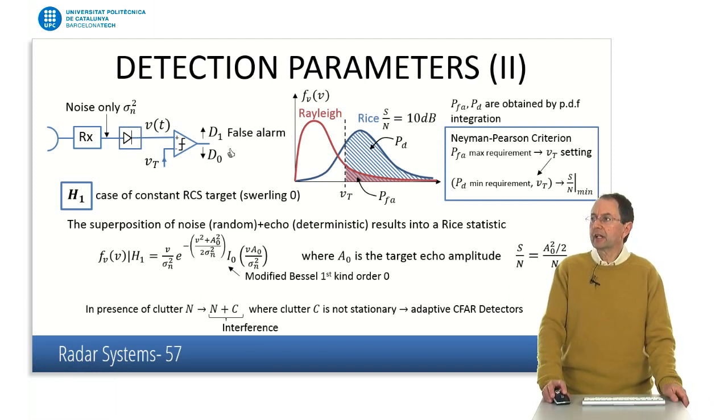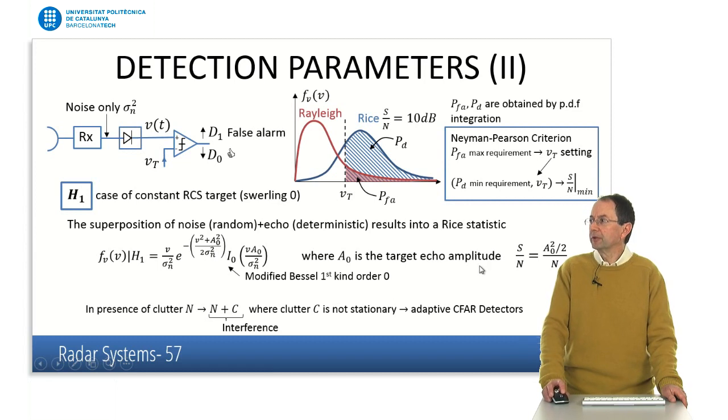In the target case we have the H1 hypothesis, which means at the receiver output we have noise plus echo signal. In this case, the Rayleigh statistics is modified by the presence of the echo, and we get a new PDF, which is a Rice distribution. It still contains an exponential term, but also a modified Bessel term, and it depends on both the noise variance and the echo amplitude.